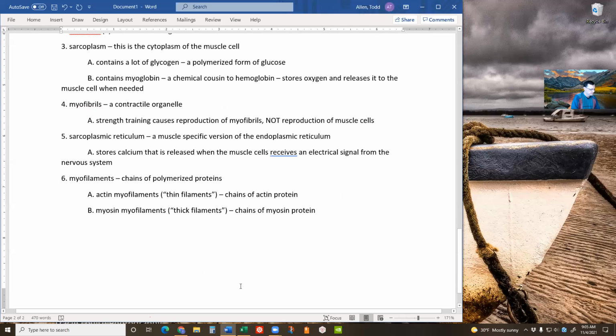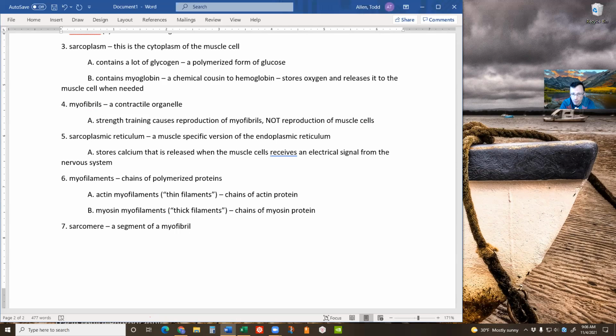Okay. Finally, there's one more thing I need to draw your attention to, and that is the sarcomere. Okay, in the bottom right corner of figure 10.2 panel C, you should see a bracket there with the word sarcomere. Folks, a sarcomere is a segment of a myofibril.